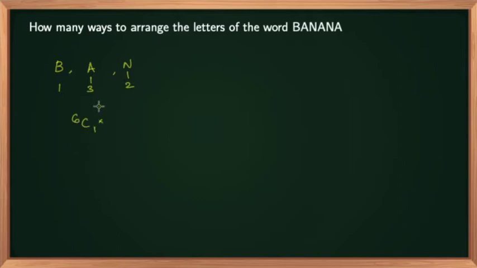And A can take the remaining 5 positions in 3 different ways. So you can do it in 5C3 ways, right? And the last 2 letters are N, which can take 2 out of 2 positions, because once B and three A's are placed, you have only 2 positions left.